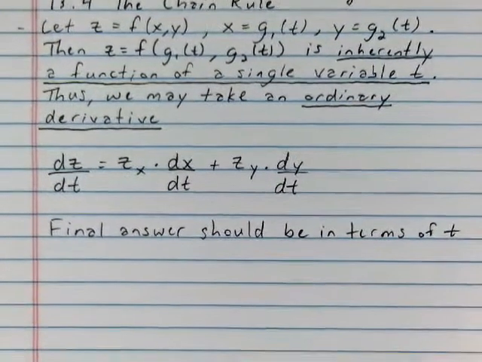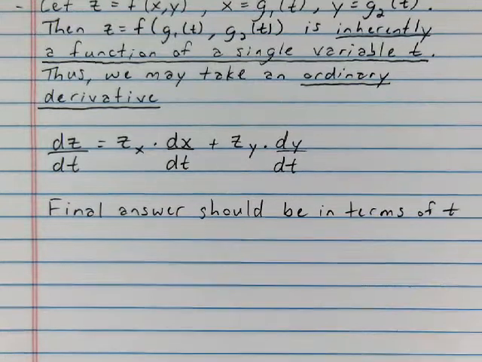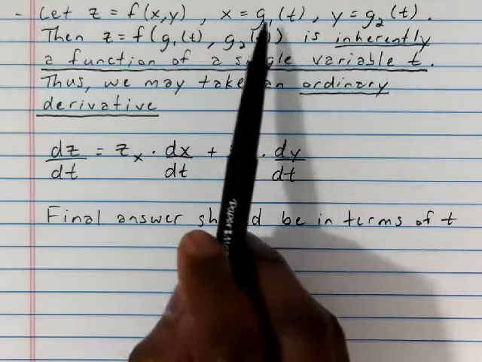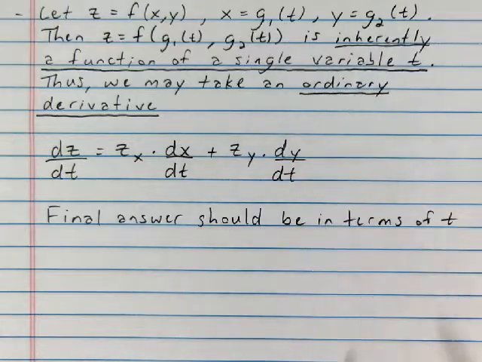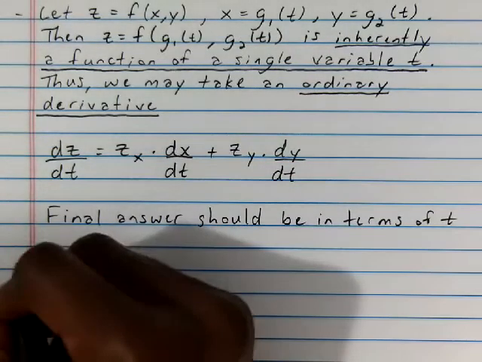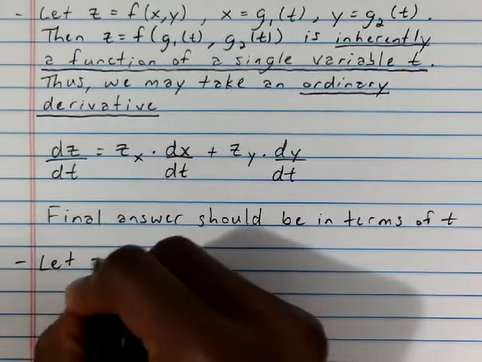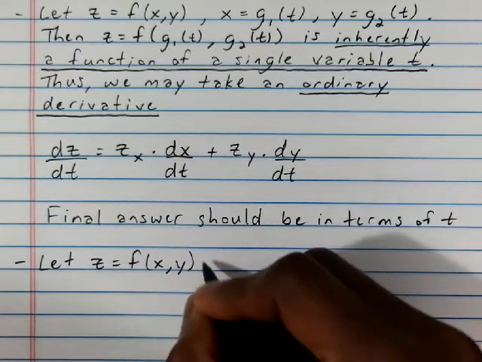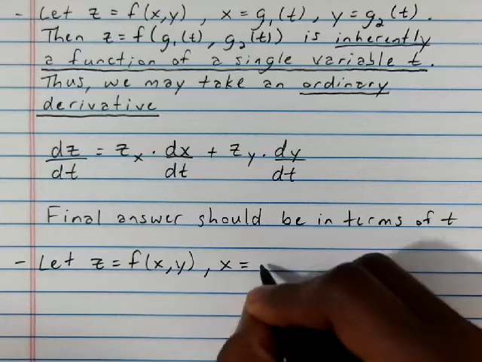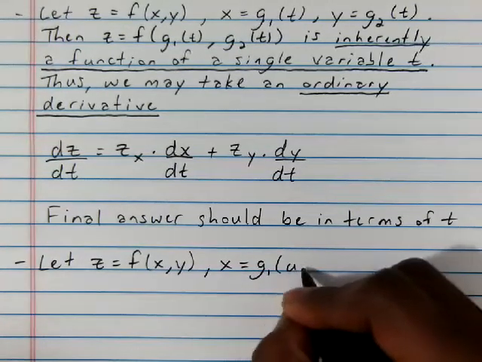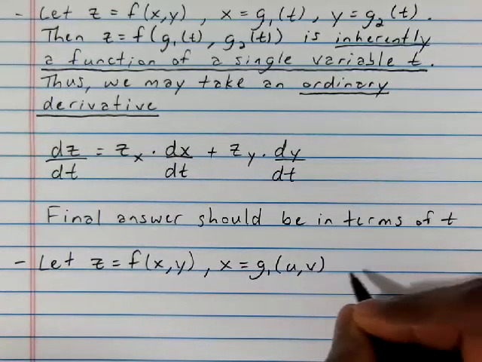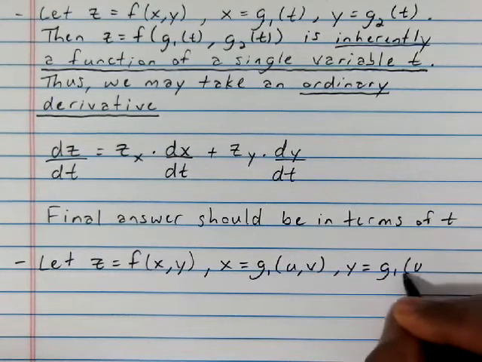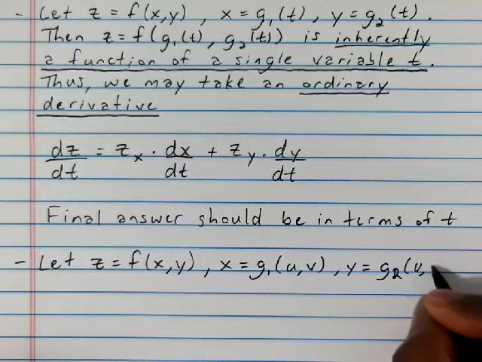So now let's talk about a slightly more complex scenario than x equal to a function of t and y equal to a function of t. Now if we let z be equal to a function of x and y, x is equal to g sub 1 of u comma v, y is equal to g sub 2 of u comma v.